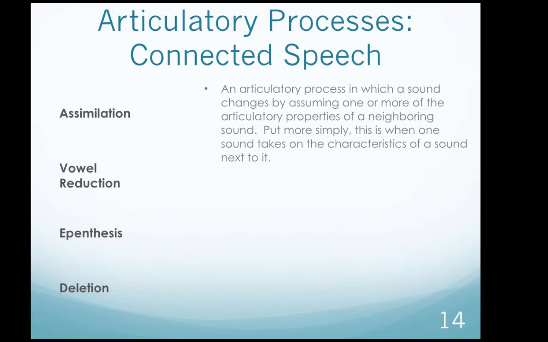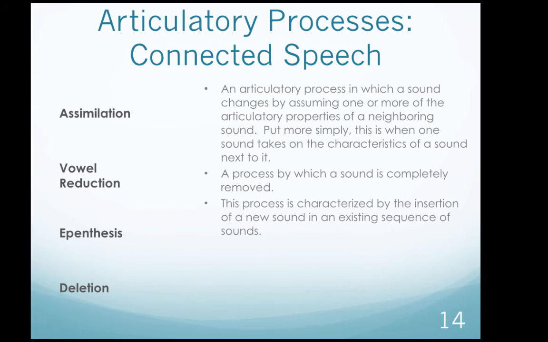So which one is an articulatory process in which a sound changes by assuming one or more articulatory properties of a neighboring sound? In other words, this is when one sound takes the characteristic of another sound. Let's take a look. Which one is a process by which a sound is completely removed?